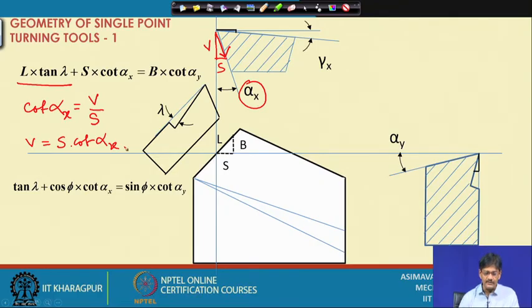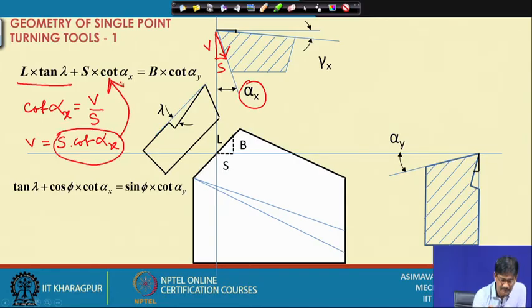Once we establish this, we understand that once again the vertical distance relationship that we were dealing with, we can easily express this way, and that is what we have done.